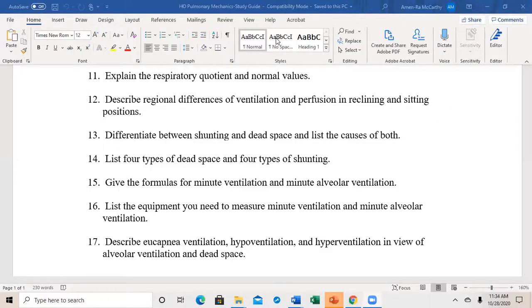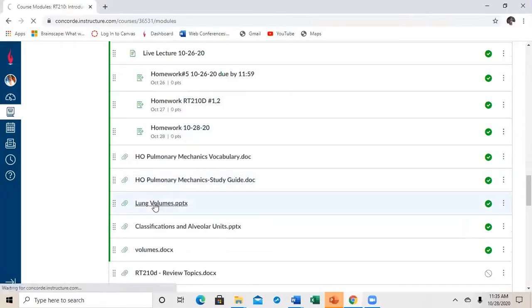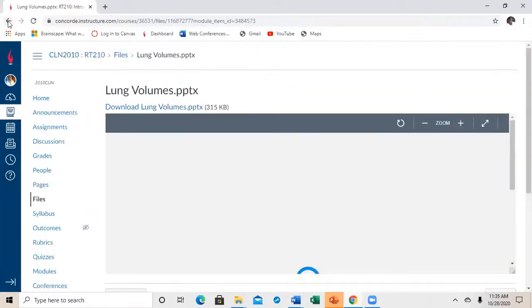The spirogram is there in the module, right? We got it. Let me show you right quick. There's a volumes doc that we went over yesterday in tutoring, for those that came to the tutoring. This lung volumes, no, that's the PowerPoint. Don't forget the lung volumes PowerPoint, but that ain't what I'm talking about, though.